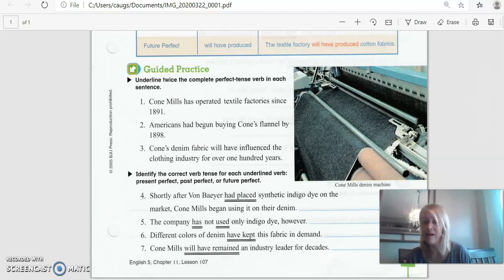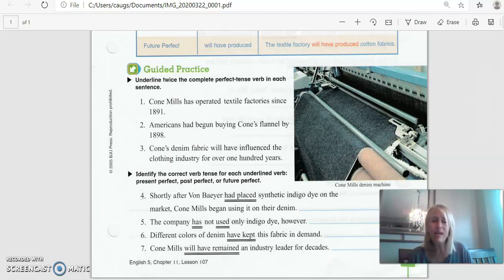Yes, had begun. Had begun should be underlined twice. And because it has the helping verb had in front of it, I'm referring back to my purple little bubble at the top that you can refer back to. It says when you have had plus the past participle, it means the past perfect tense.